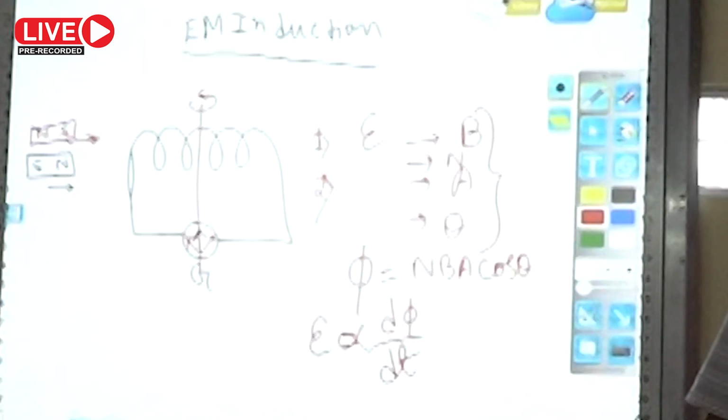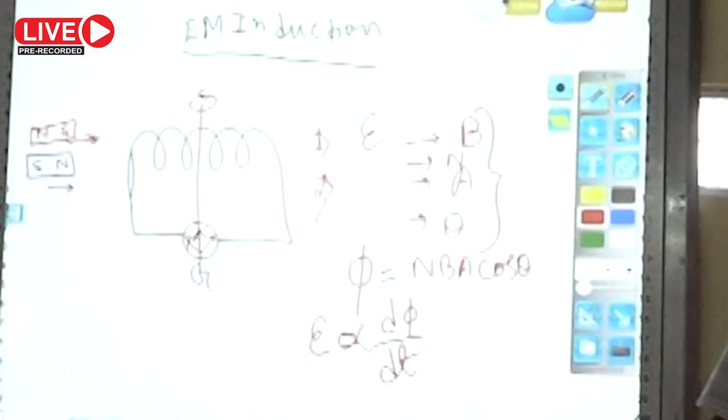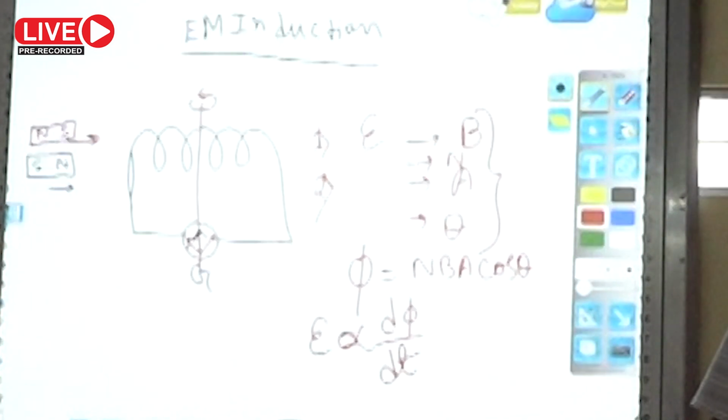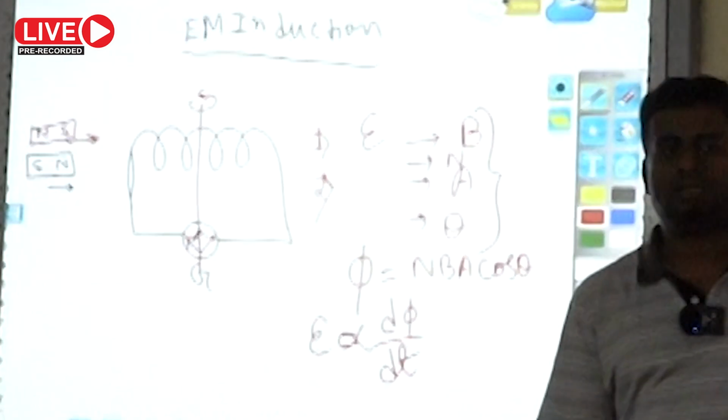Okay. That can be determined by another law called Lenz's law, which is consistent with the conservation of energy. And the law says that induced current will flow in the coil in a direction so that it can oppose the cause of its production. Okay? So first write down Lenz's law.